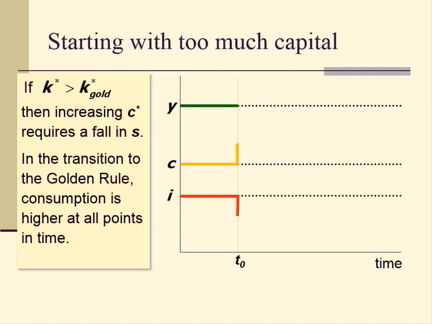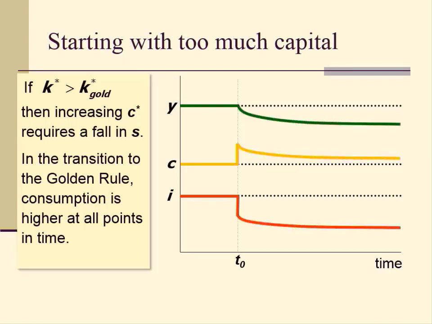That is, investment per worker is less than depreciation per worker. And this will reduce capital stock per worker toward a new steady state value. So this will lead to a decrease in output per worker, consumption per worker, and investment per worker.